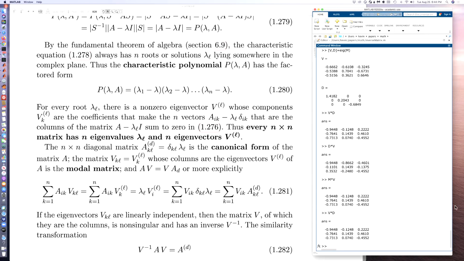We get the same thing. So here I've illustrated in Matlab this equation, namely that the matrix multiplied by the matrix of eigenvectors, which is called the modal matrix, is the modal matrix times the diagonal matrix of eigenvalues. And that's the reason why Matlab expresses the eigenvalues as a diagonal matrix, because you then have it handy so that you can do things like I just did here.